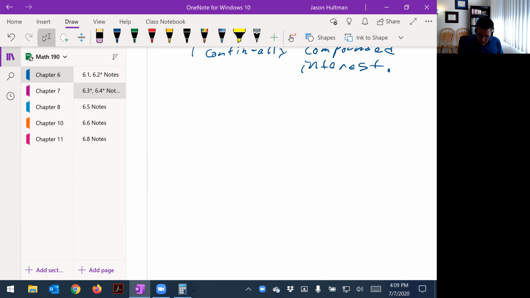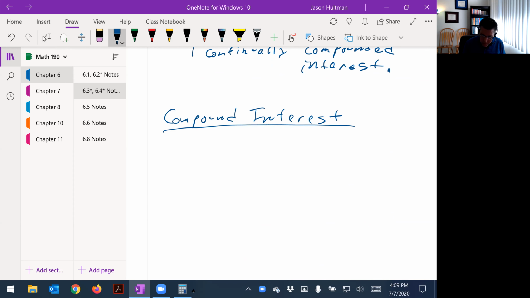Okay, so let's look at this compound interest formula. Let's look at just compound interest to begin with. Let's look at the formula for compound interest. We're going to go A is equal to P times (1 plus r over n) to the nt. That's the compound interest formula where A is the future value.